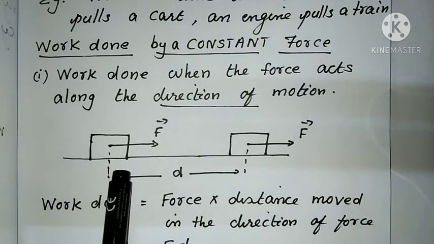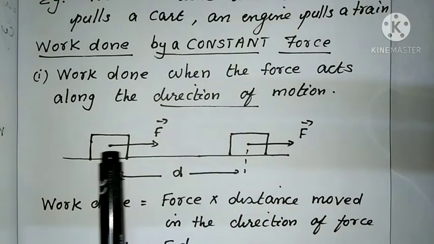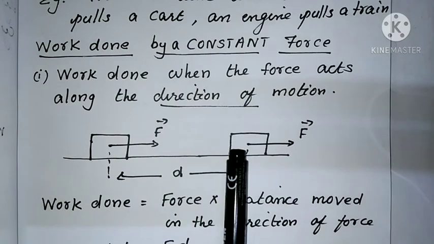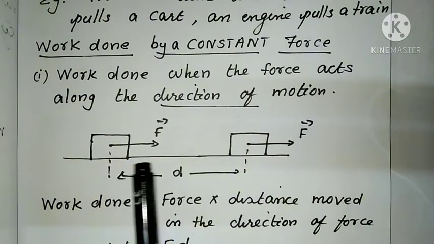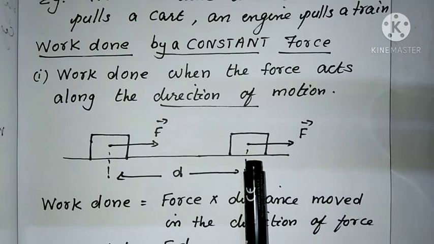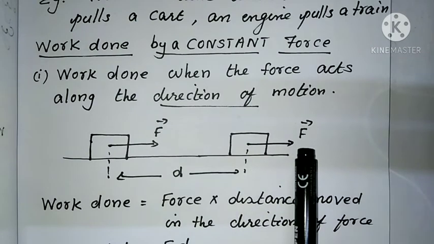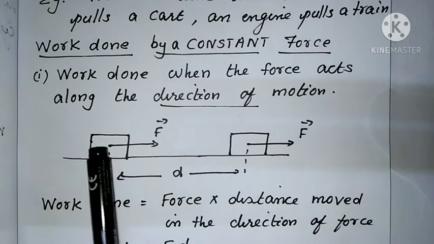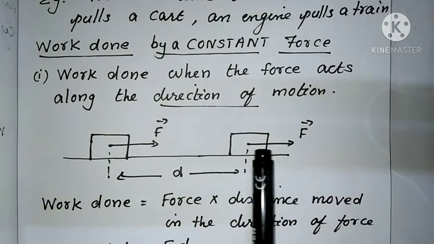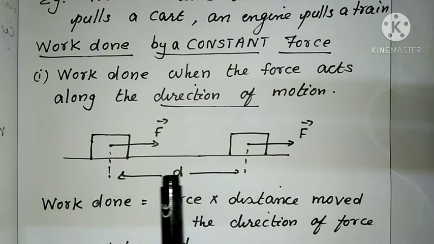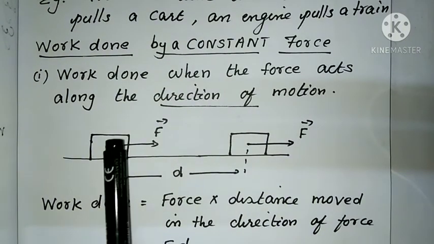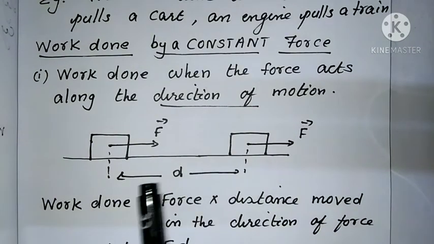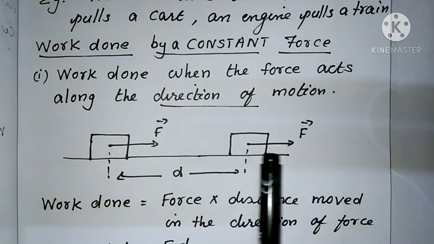Due to this force, the body moves in the direction of force, that is, the body moves through a displacement d and reaches here. So the force acts along the direction of motion, that is, along the direction of displacement. Force and displacement are in the same direction.